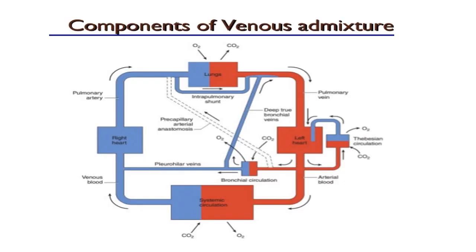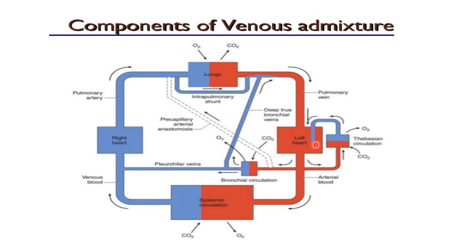This is the picture of venous admixture. For your better understanding, you can see here that venous blood from the bronchial vein is directly pouring deoxygenated blood into the pulmonary vein, and here you can see the Thebesian vein also pouring deoxygenated blood into the left atrium directly, bypassing the lungs for oxygenation.